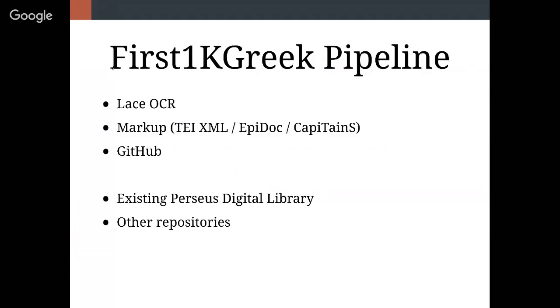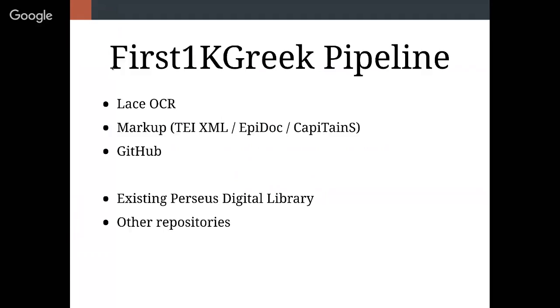But in the context of the First 1K of Greek project, the starting point in a lot of cases is OCRing of existing printed editions, and this is really being led by the amazing work of Bruce Robertson. Once that OCR work has been done and corrected, there's an important step of appropriately marking up the resultant text, and we'll talk more about that in subsequent slides.